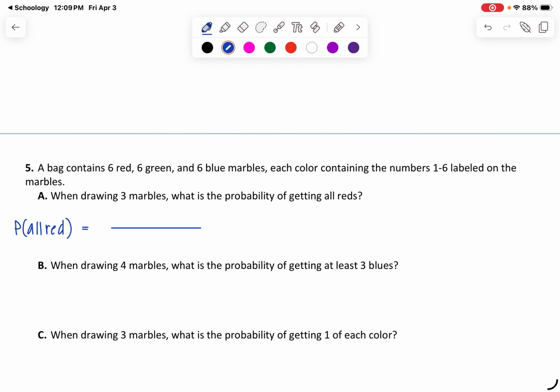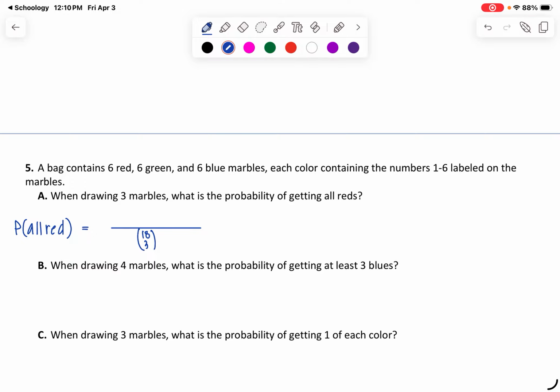Okay, so for my denominator, I'm talking about all possible outcomes. So there's 18 marbles and I am choosing 3. So that's going to be all possible outcomes. Now also you have to remember that we're using combinations here because the order does not matter. So you might be saying, isn't there a way where I can do 6 over 18 times? And I like what you're thinking there, but that is permutations.